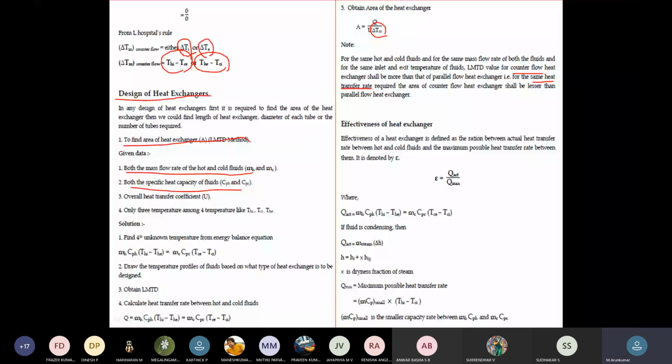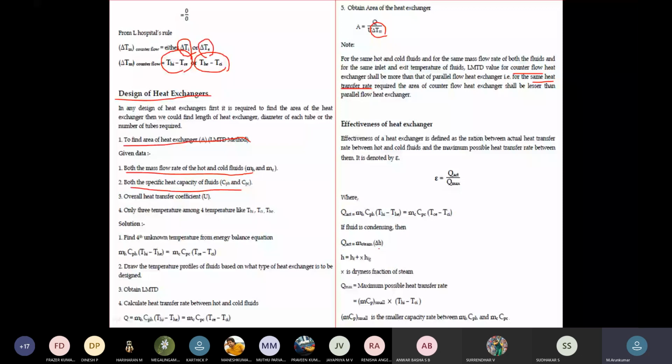If the fluid is condensing, then this will be 1. Right? So the Q actual will be Q maximum. So the Q actual will be m into delta h. This h can be calculated from the property tables and charts: h is equal to hf plus x into hfg.